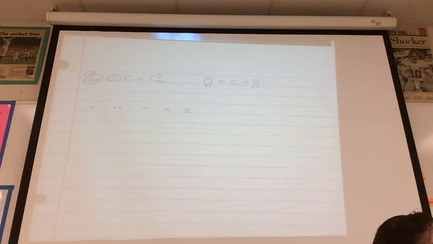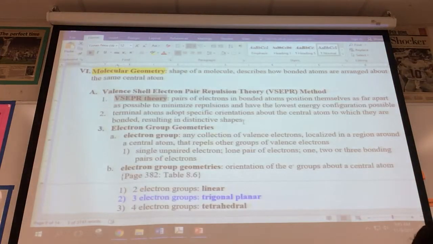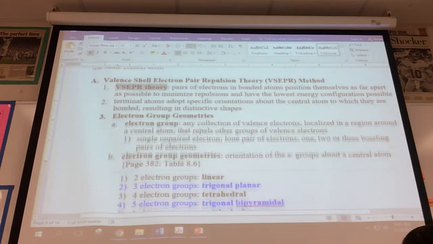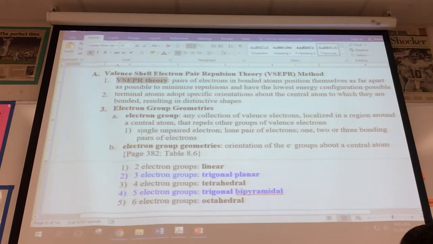And you'll see where that comes into play right here. The electron group geometries will be new to everyone. They are not difficult. As I said, with electron groups, you can have a single unpaired electron, a lone pair, a single, a double, or a triple bond. Now, within that triple bond, you have 3 shared pairs of electrons, but it's one electron grouping, if you will.